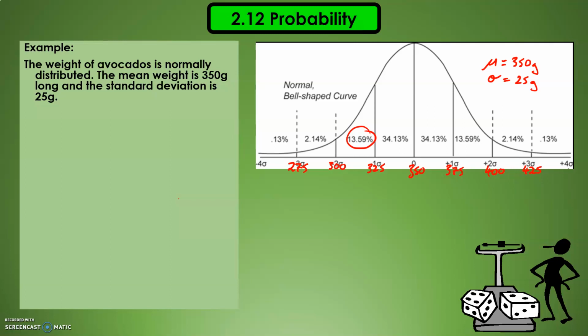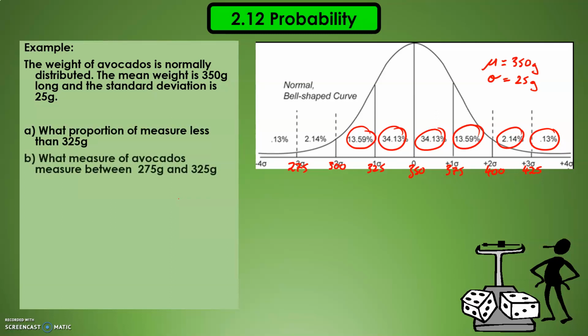Now, you can obviously talk about it: if we had a minimum weight, that we're not going to sell avocados less than 300 grams, then I know that of all the avocados, I'm going to have the sum of all of that, which is roughly 97.5%, to be able to sell. So that's the type of thing we can do.